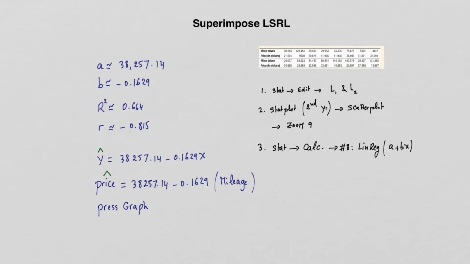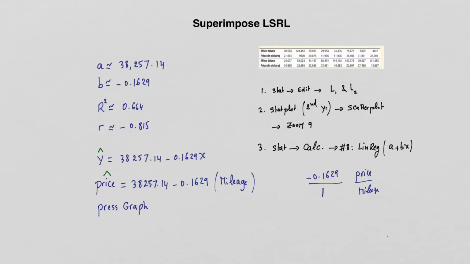Okay? Now, how do you interpret the slope? So go back to a basic math course. The slope is negative 0.1629. Let's divide it by 1 so you could see it. Remember that this is the price and this is the mileage, right? The rise over the run.